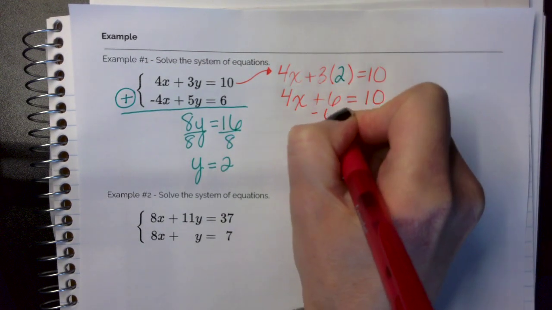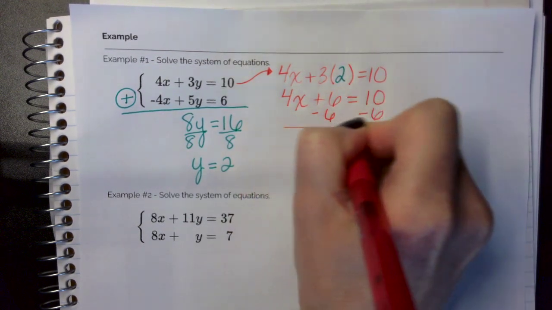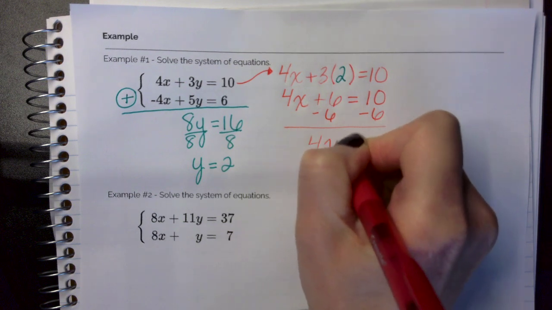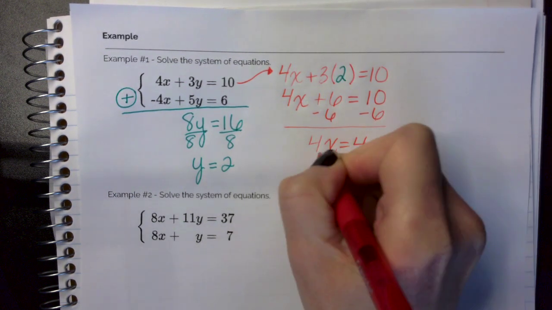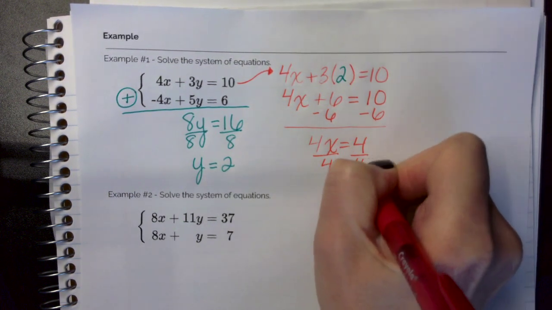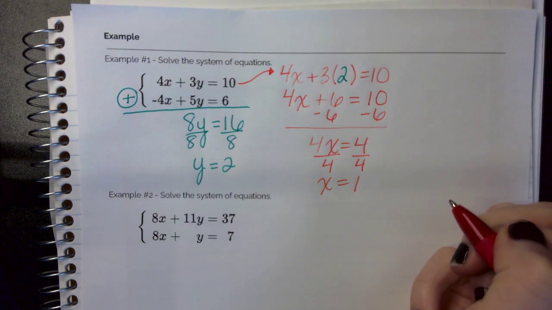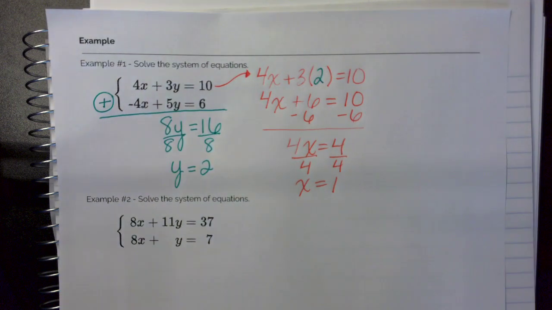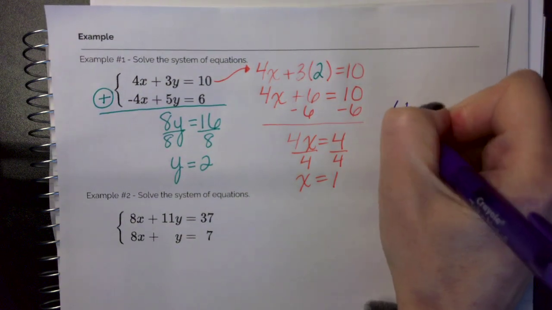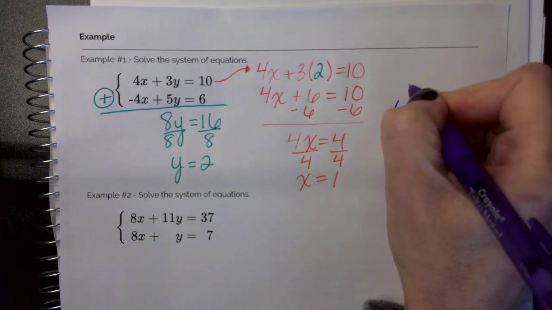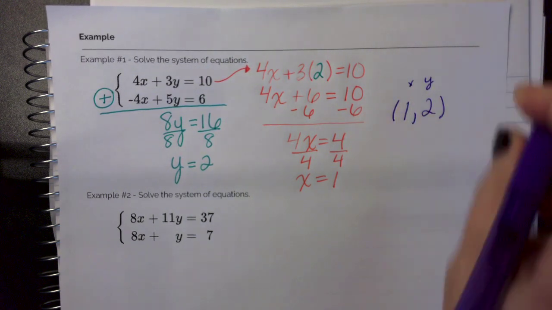And then I'll subtract 6 from both sides. Get 4x equals 4. Divide both sides by 4 and get x equals 1. I'm going to go ahead and write my solution as an ordered pair. So let's write it as (1, 2), because an ordered pair is our x and then our y.